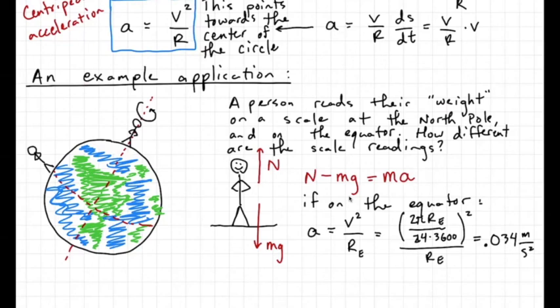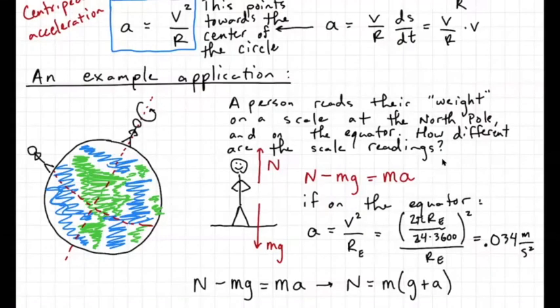So if I'm standing at the equator and try to measure my weight, the equation of what I would get on the scale goes something like this. The normal force minus my weight is equal to ma that I just calculated. So my normal force is actually my mass times gravity plus that centripetal acceleration.